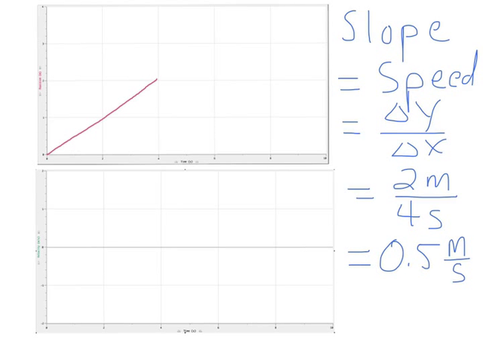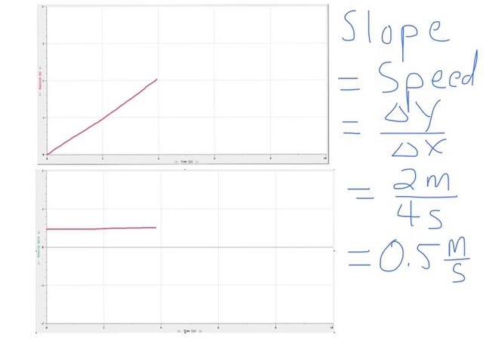Now the way I would graph that on a velocity time graph is to first of all realize that there is only one slope here. My slope is 0.5 here, and it's 0.5 here because it's a straight line. So my velocity is the same all the time, and it's positive, and it's 0.5 meters per second. So what I'm going to do is first of all find positive 0.5 on the velocity axis, and it lasted for 4 seconds, so I draw a horizontal line at 0.5 for 4 seconds.